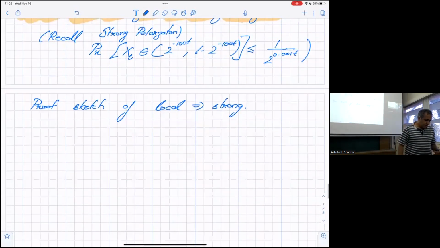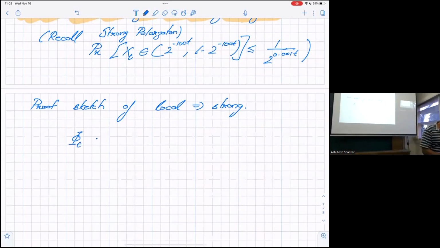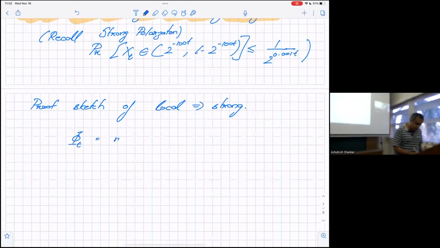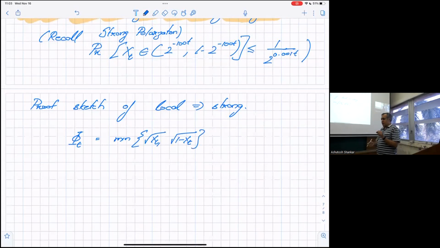Based on this, we want to show that you have strong polarization. The proof is a clever potential function argument. Why they chose this potential function would take a little time, so let's see why, given the potential function. Let's define this potential function for square root of x and square root of 1 minus x. It's basically the distance.